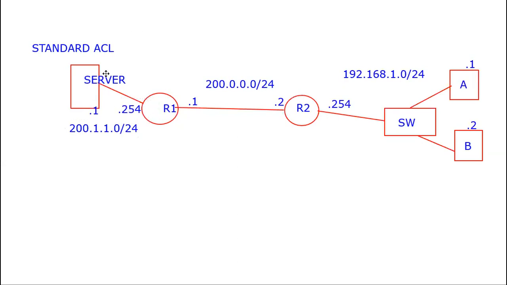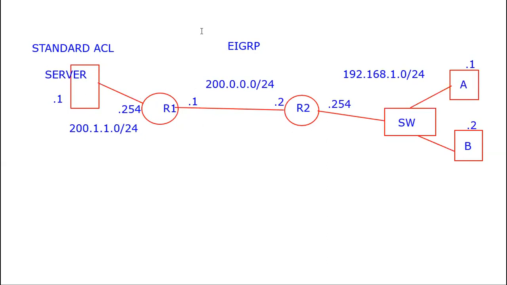For routing, you can perform any routing, EIGRP or OSPF. Let's say here EIGRP is configured. Then check by ping from A to server and B to server; you should be able to ping.